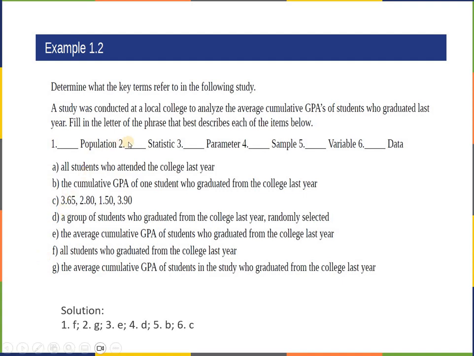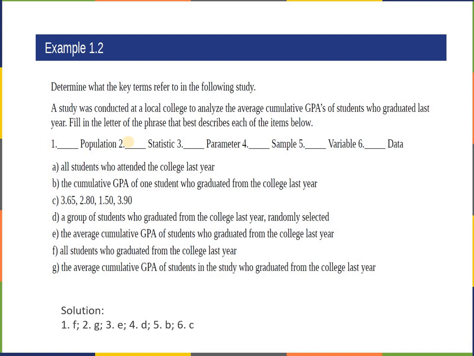So number 2 is G. Number 3 is the parameter. So the parameter is going to be the average cumulative GPA of students who graduated from the college last year. So it comes from the entire population, which is sentence E.